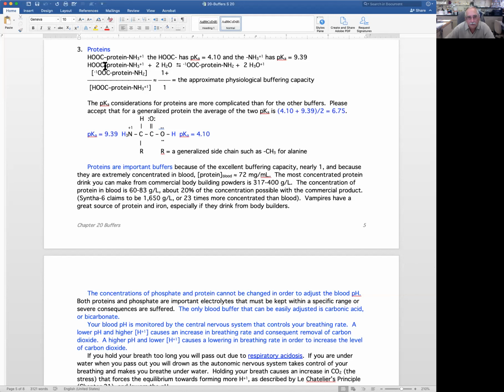So here's what can happen, how it can act as a buffer. Here is the base form, here is the acid form. If I look at the ratio, it's very close to 1-to-1. So excellent buffering capacity here.